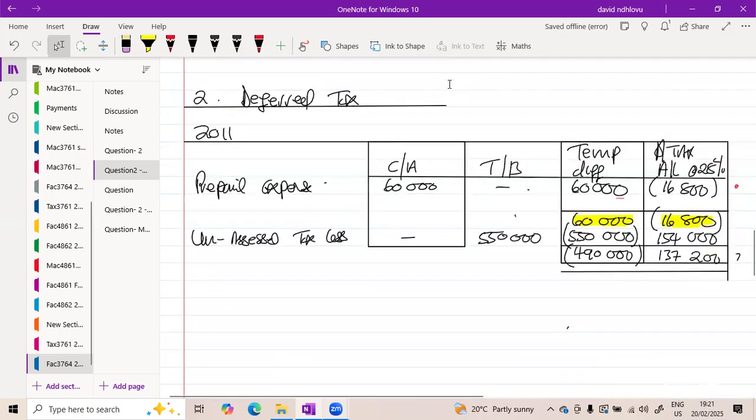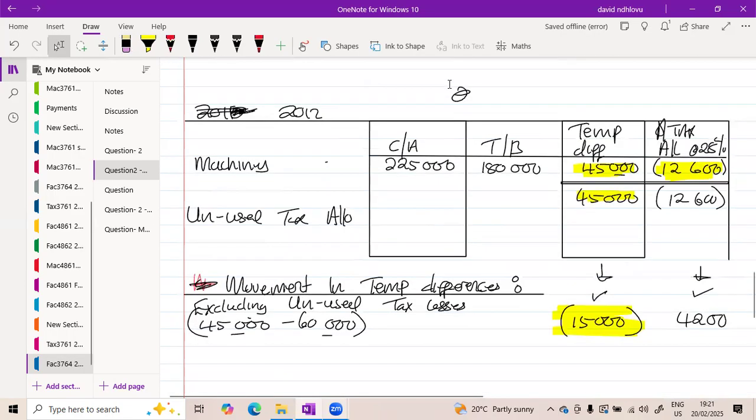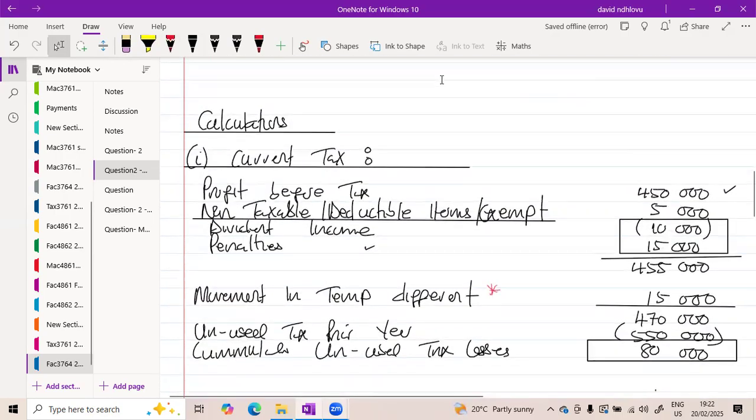Temporary differences go via the statement of financial position. So we have already dealt with it. Okay. So in your current tax calculation, you deal individually only with the exempt differences. If it's a temporary difference, it's accounted for via this total.